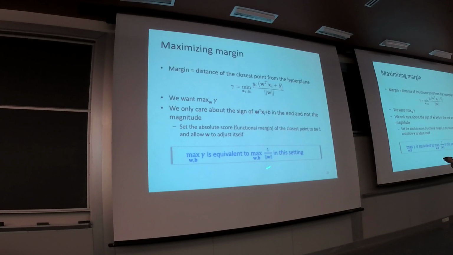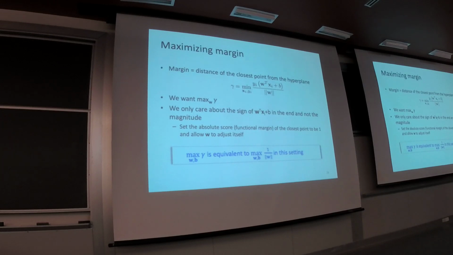Then our margin is just 1 over the norm of the vector. There's no numerator, and our optimization becomes maximizing this inverse norm of the weight vector. Because you're free to scale your weight vector and bias parameter, as long as you don't change the sign, they are totally equivalent. So we can put in these extra constraints.